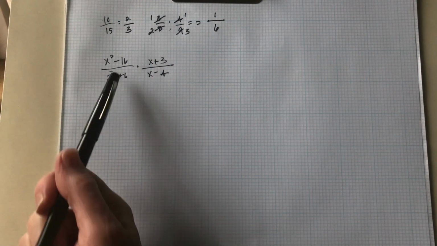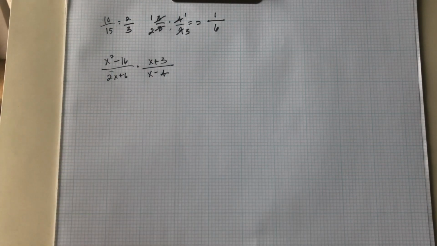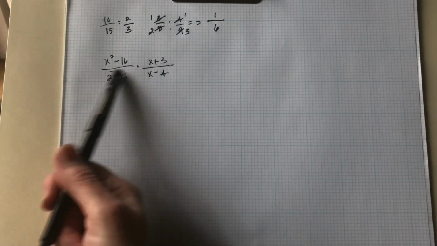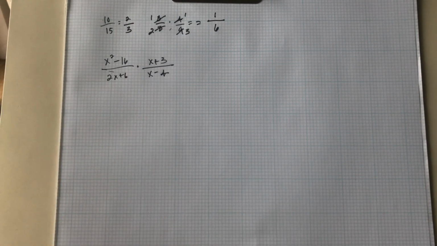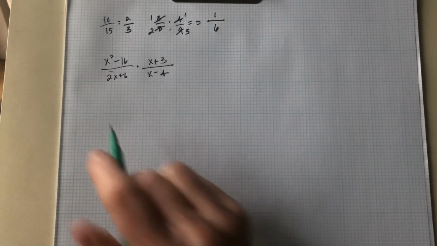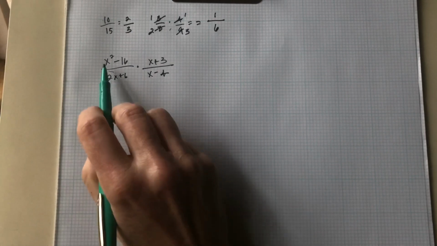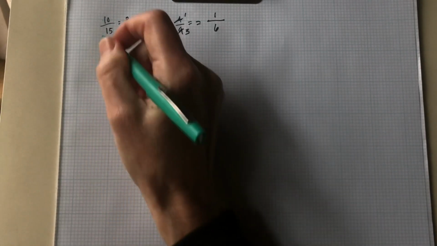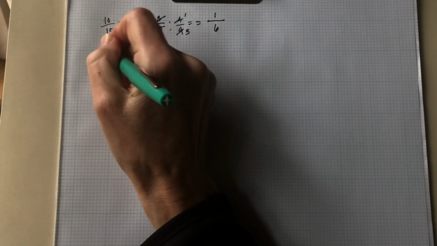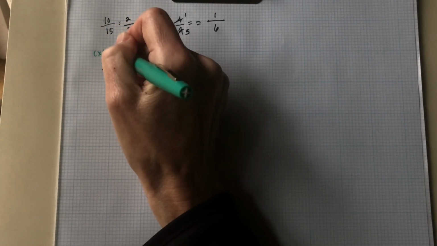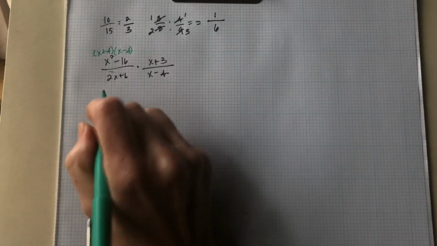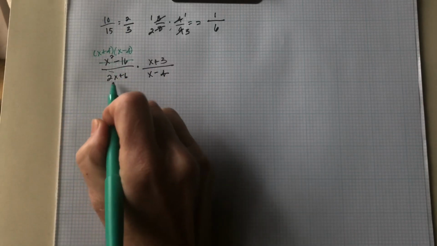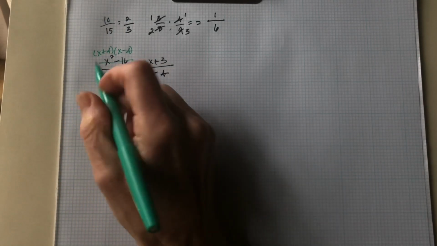Now, when we have rational expressions like these, and we're going to multiply them, we can do the same thing. Actually, let me switch colors here. Maybe we'll make this a little easier to see, because I just want to write this straight above here. Instead of x squared minus 16, we can write that in its factored form, because that's a difference of squares, so it's going to factor into x plus 4 times x minus 4. Down here, we have 2x plus 6.